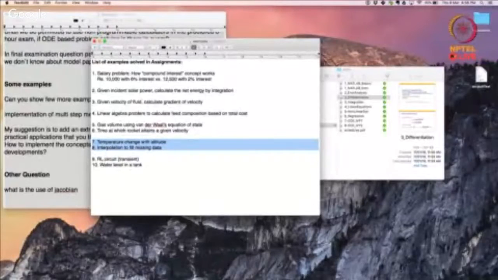The other set of problems that we solved were in regression and interpolation. So one of the problems was that the temperature is changing with altitude, and to correlate the change in the temperature with the change in the altitude. This comes under the category of property estimation type of problems. MATLAB is used quite a bit in property estimation type of problems or correlation type of problems.